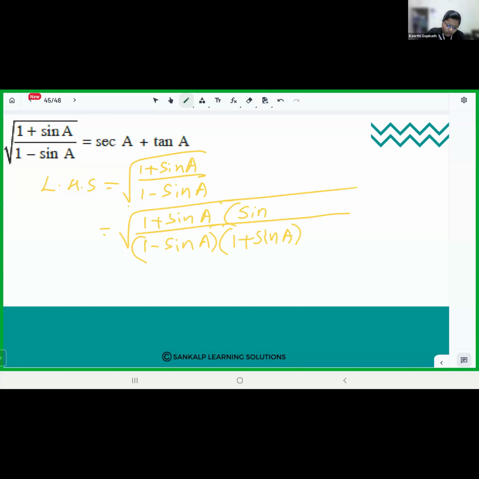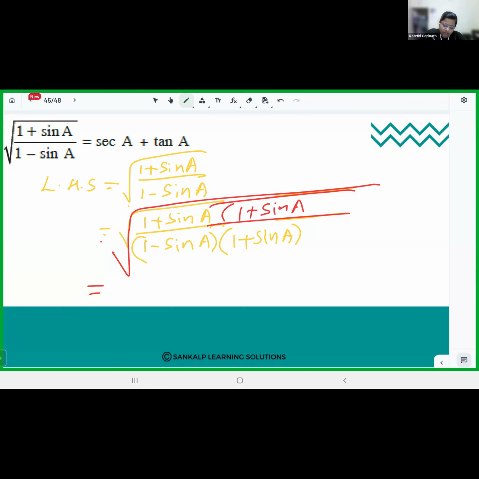So this is, I'm sorry, it is root of (1 plus sin A) into (1 plus sin A) by (1 minus sin A) into (1 plus sin A). So how can you rewrite this?